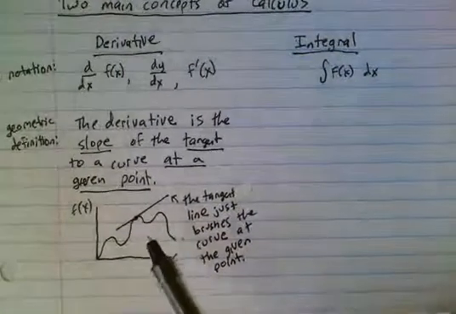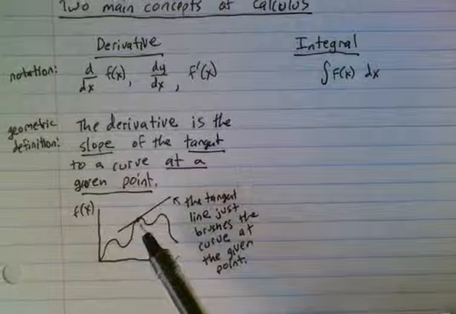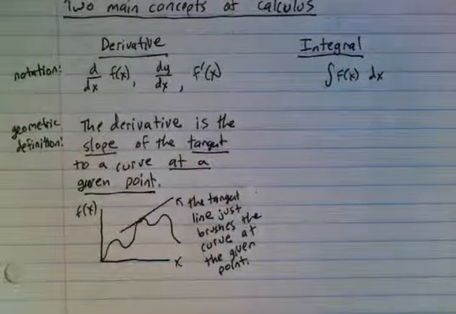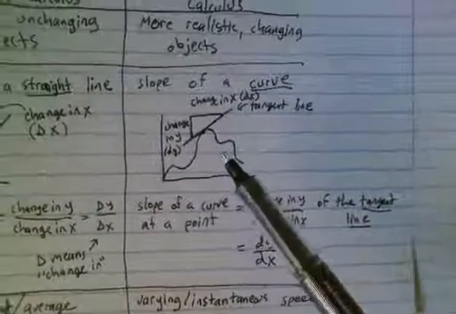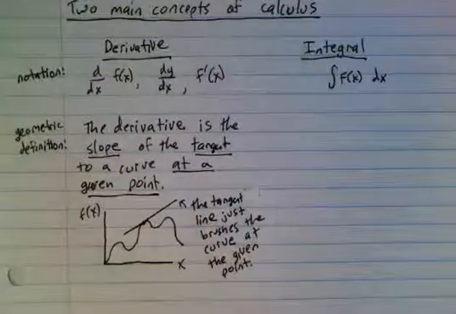And all the derivative is, is the slope of this line, just like we were working with when we were talking about the differences between calculus and pre-calculus on the previous page.